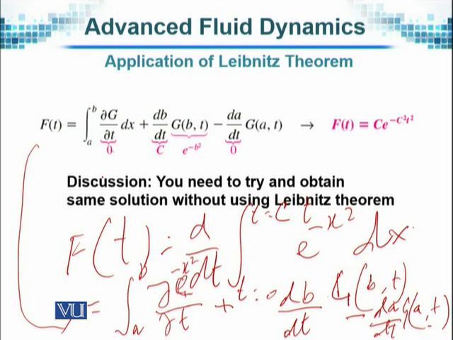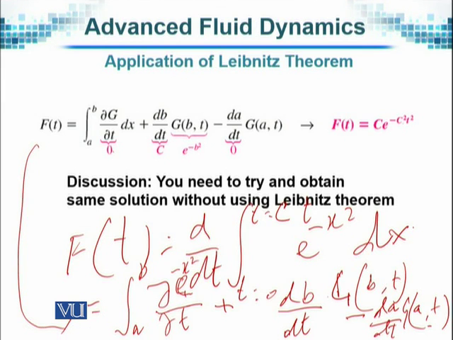So the contribution coming out of it is 0. We substitute the upper limit instead of carrying out any differentiation or integration, and just by substituting, we replace x by b, so we will have e to the power minus b square and then db by dt.